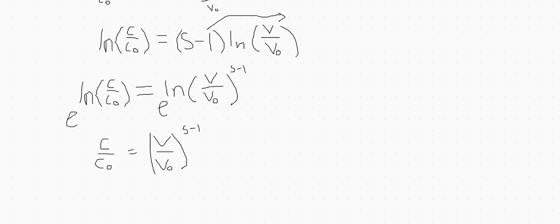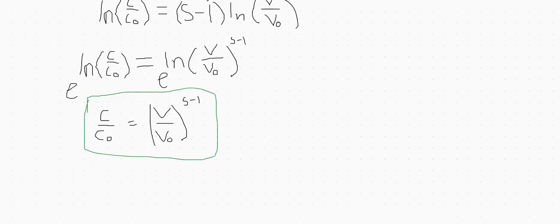Okay, now this is a little crafty thing to do. This is our solution, but you'll often see it written a different way, and we're just going to get it into that form. I'm going to show you what we're going to do. So we're going to have V over V naught, right?